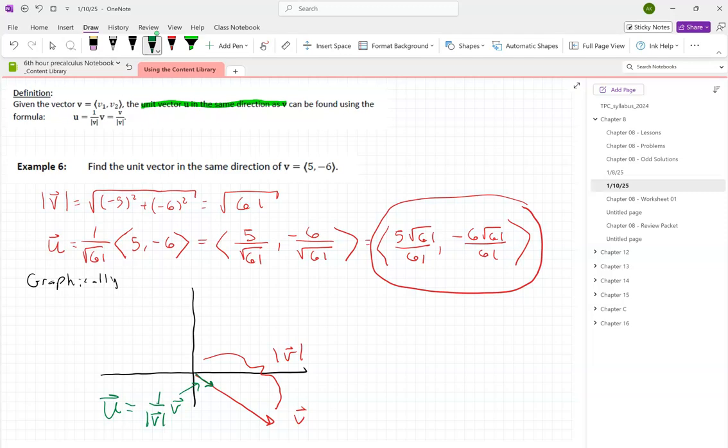I'm just showing you what u and v look like, what this process is really doing. If I take that vector v and multiply it by 1 over its length, it turns into the same vector, going in the same direction. It just has length 1 now. It's now turned into a unit vector.